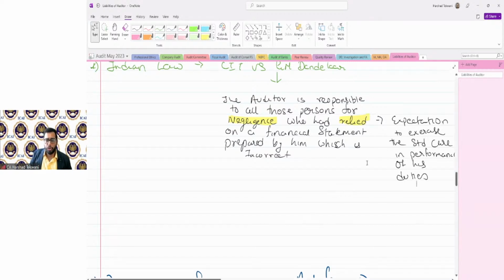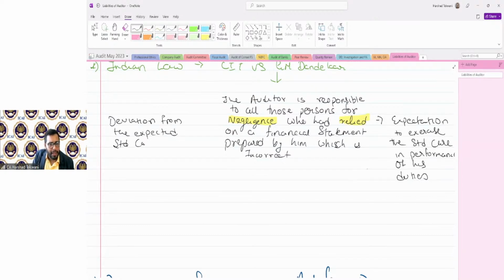Okay, so there should be an expectation from which there is a negligence or deviation. Basically, when I talk about negligence, it is a deviation from the expected standard care that was supposed to be exercised.